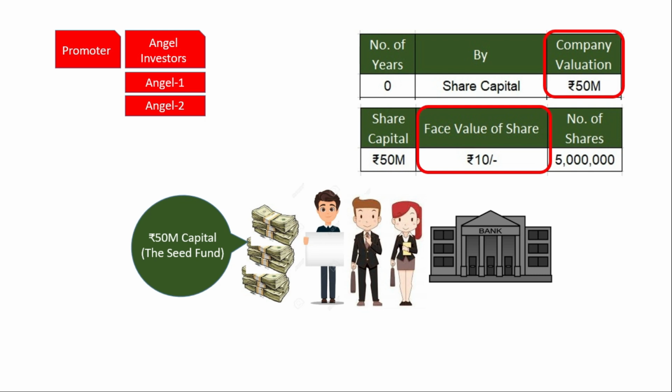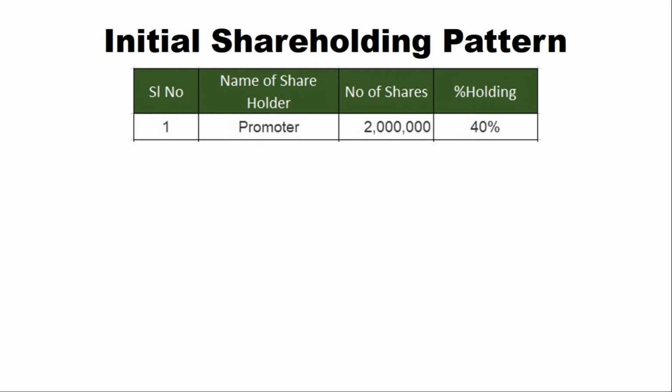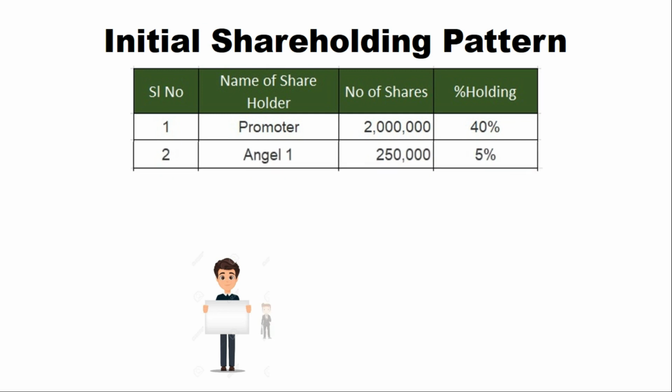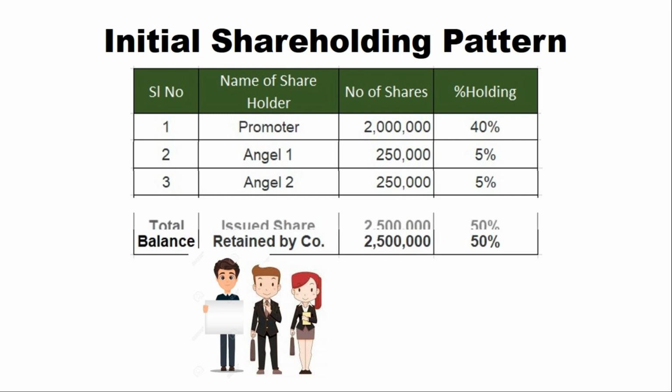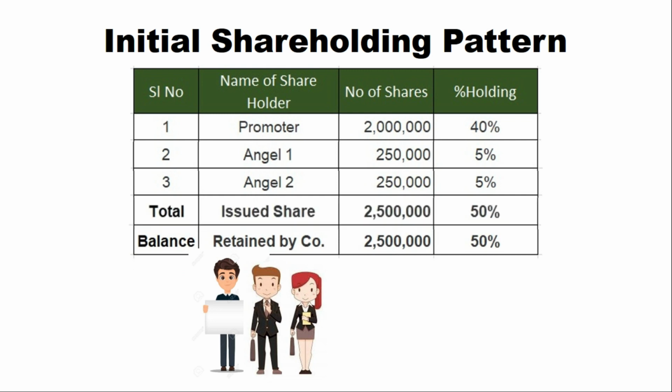These shares have to be allotted amongst the promoter and two angels, plus the company has to retain some amount of shares with itself to be issued in future. So let's assume the promoter holds 40% of the shares and the two angels get 5% each, and the company retains the remaining 50% of the shares. Since the promoter and two angels own 50% of the shares, this allotted portion is called issued shares.